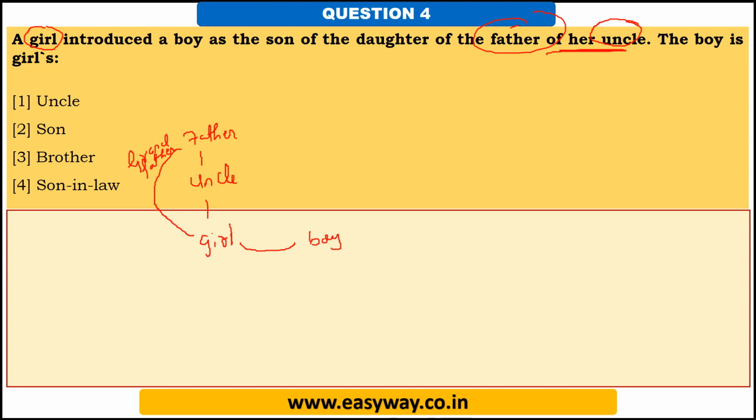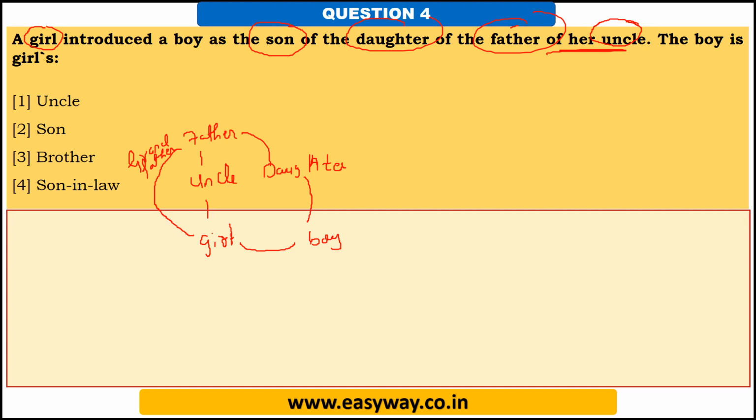Okay, now next it is said daughter of the father, that means we are talking about the daughter of this father. So this daughter can be either the girl's mother or the girl's aunt. Okay, there are two possibilities. This daughter can be either the girl's mother or aunt, but let us see the first one, son. So the boy is introduced as this daughter's son.